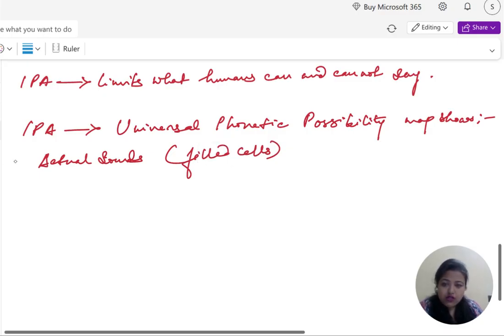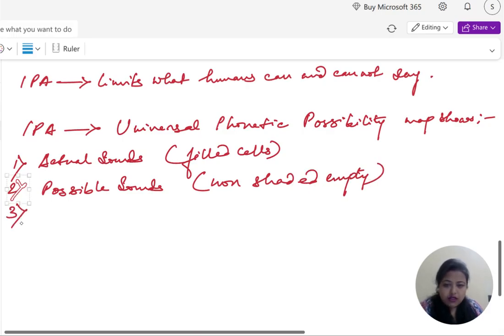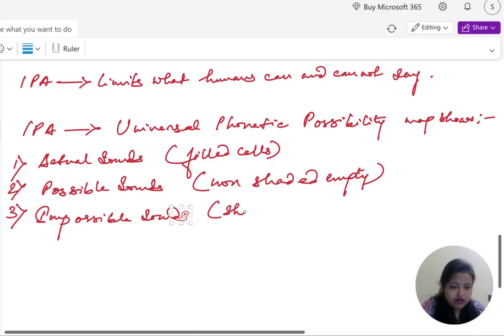Then come possible sounds, which means non-shaded empty cells. And then come the impossible ones, and they are shaded. So the IPA chart is a map of human speech potential.